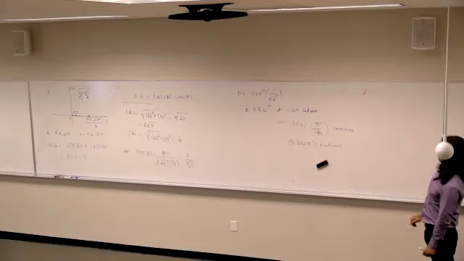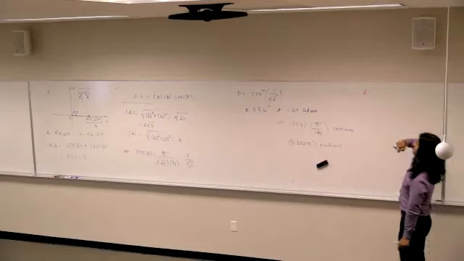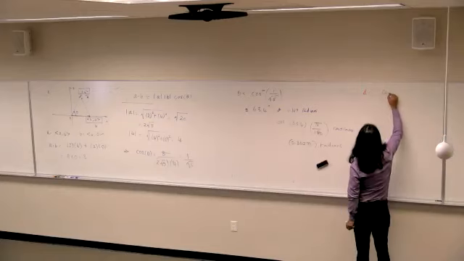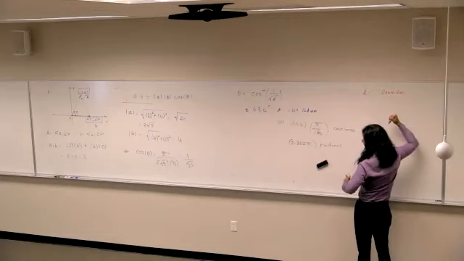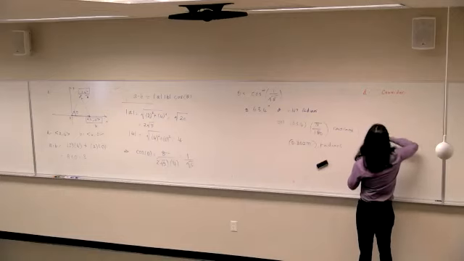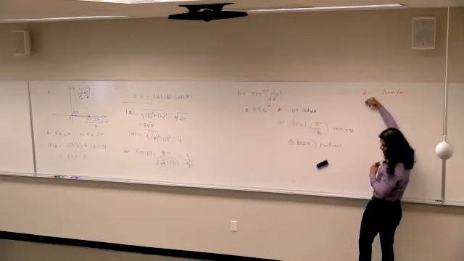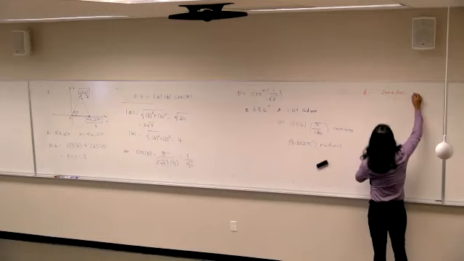Let's see. I wanted to write a property, that's why I put it under D, but this would be an example.